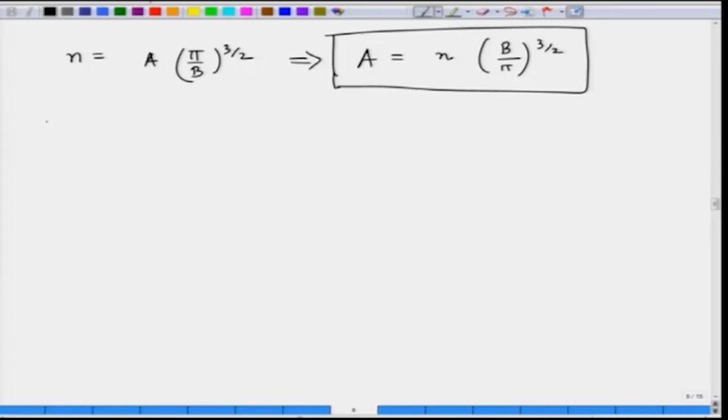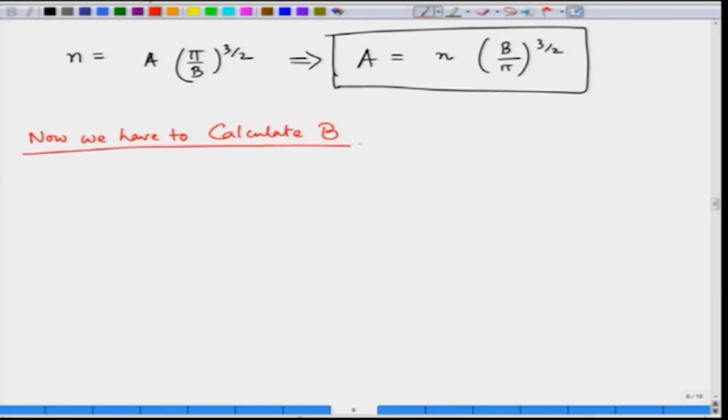For that we have to use our concept of kinetic theory and the kinetic definition of pressure. Now we have to calculate b.